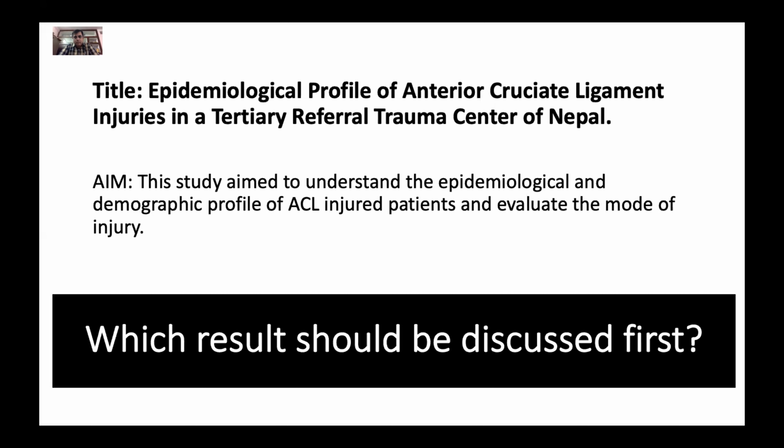First of all, whenever I am writing the discussion, I first mention the result I have obtained. Suppose the commonest age group I have found is 20 to 30, but in another study some different age group is there.